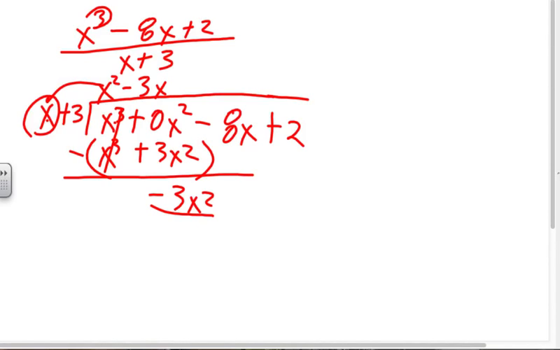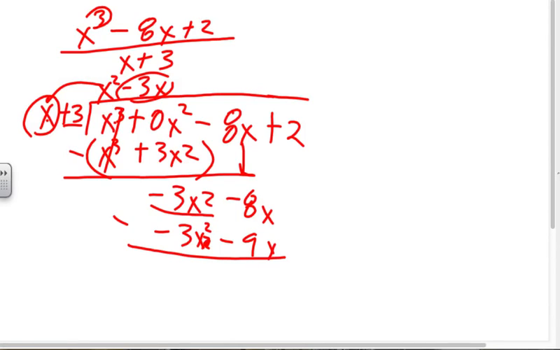Oh, and I forgot to bring my minus 8x down. Then I multiply this by this, gives me minus 9x. That should be a squared, by the way. Subtract them. Those go to 0. Negative 8x plus 9x gives me an x.